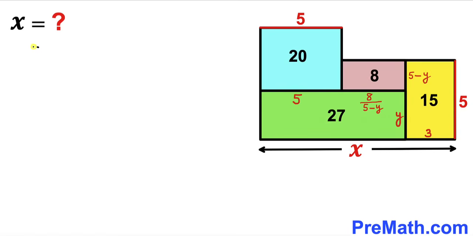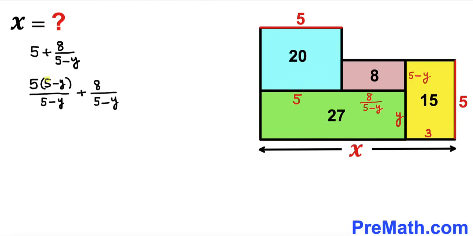Let me write down 5 plus 8 divided by 5 minus y. In this next step, 5 could be tweaked as 5 times 5 minus y divided by 5 minus y. This way we are going to have the same common denominator.